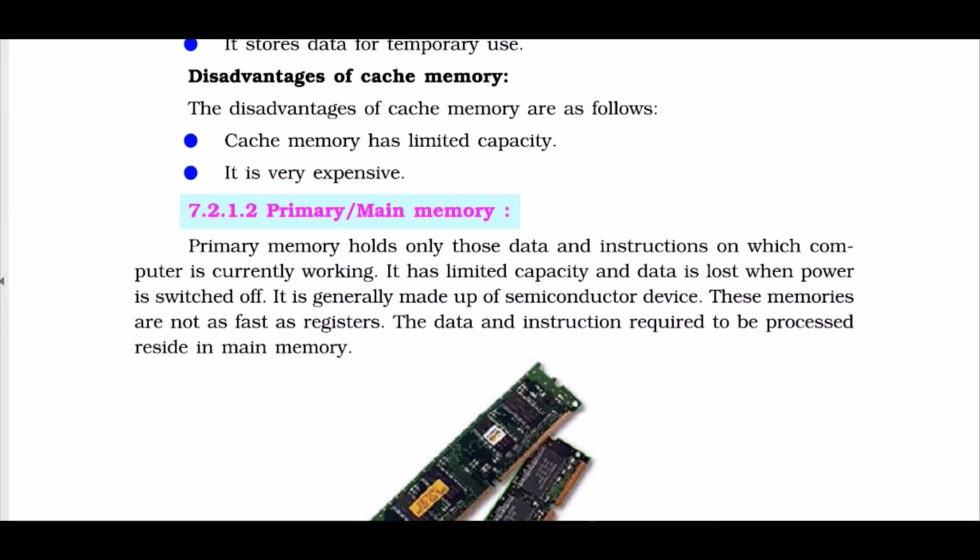It has limited capacity and data is lost when the power is switched off. Imagine you're working on something or you have a set of instructions that are there temporarily. When you switch off your phone, the temporary or cache memory will be deleted.